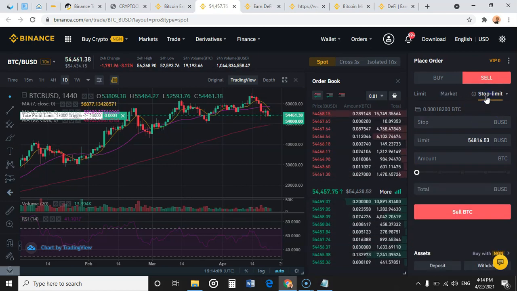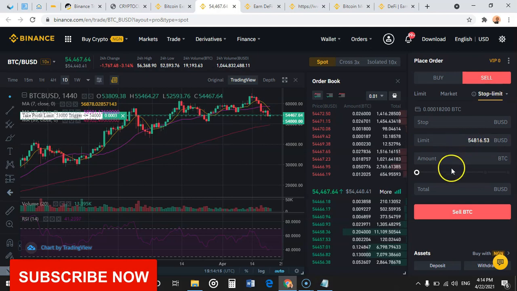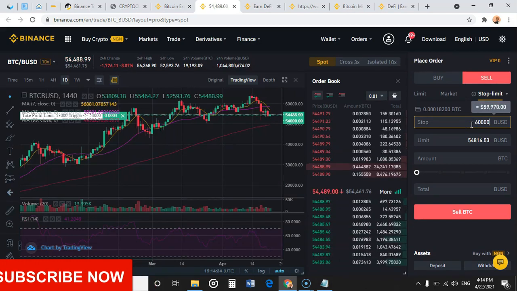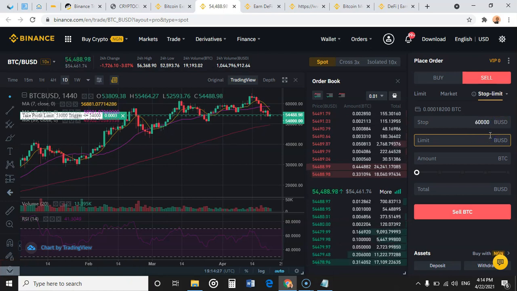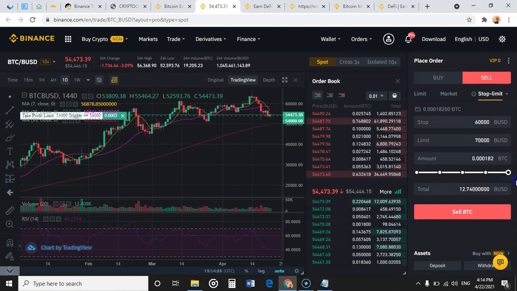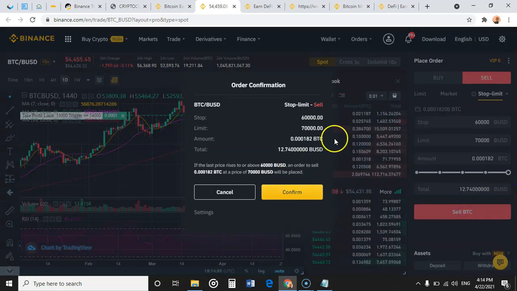Now, let's set a stop limit. Okay, I've cancelled it. I'm going to give you another condition. The condition is that once the price reaches $60,000, I sell at $70,000. Let me drag the slider, then look at the instruction. If the last price rises to or above $60,000, an order to sell this amount of Bitcoin at a price of $70,000 will be placed.